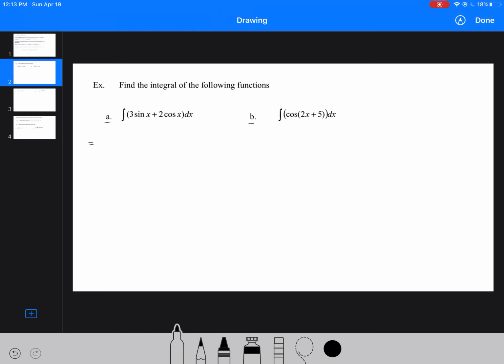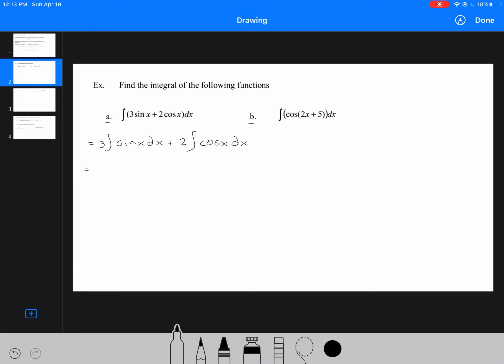Here, for example A, we can separate our integral into two pieces: 3 times the integral of sine x dx plus 2 times the integral of cos x dx.